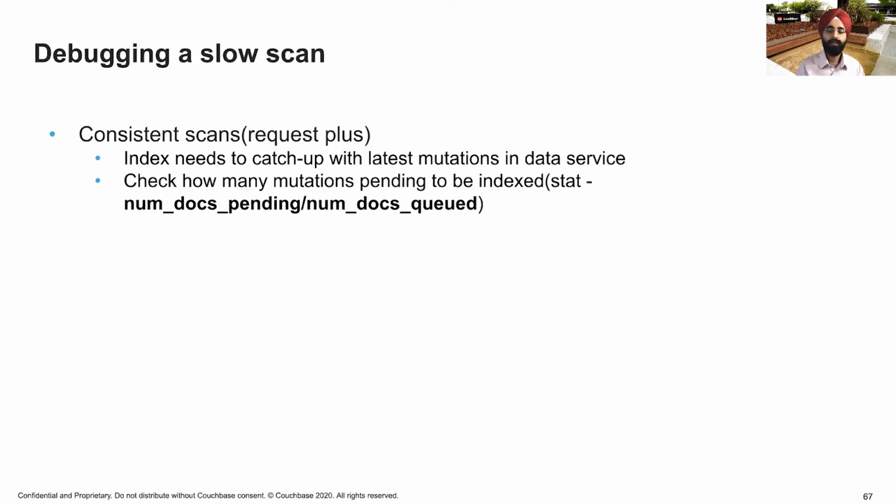And anytime there are any pending documents in the pipeline or any slowdown, the consistent scans would see higher latency. So again, if consistent scans are slow, the same stat for pending mutations can be checked to see where the bottleneck for the processing is.